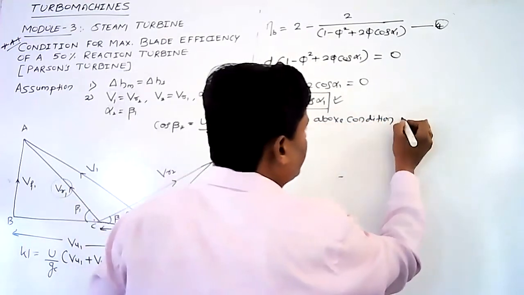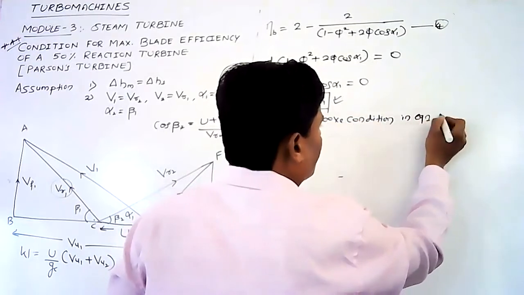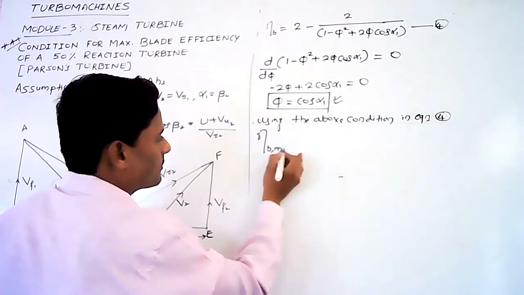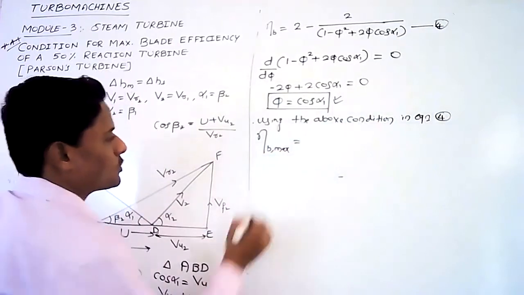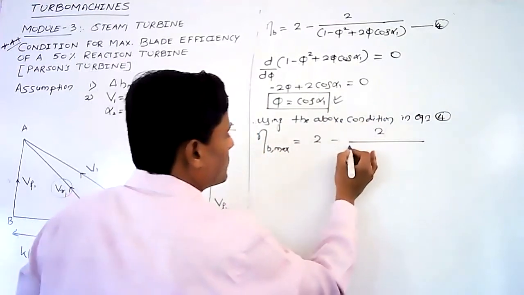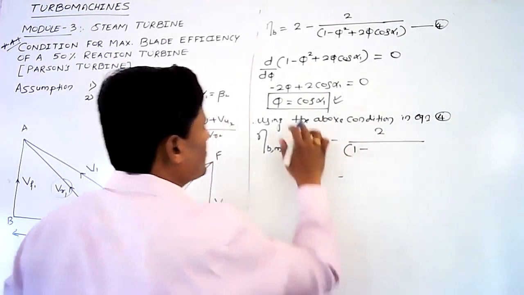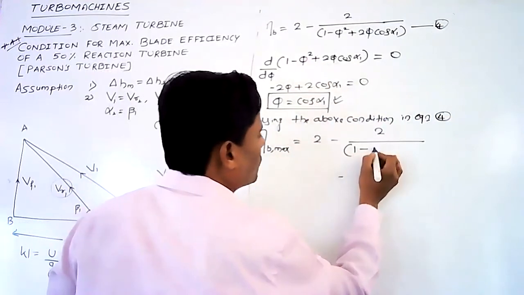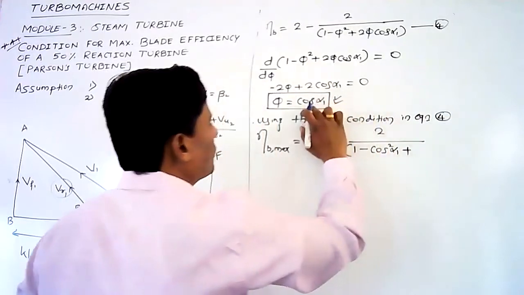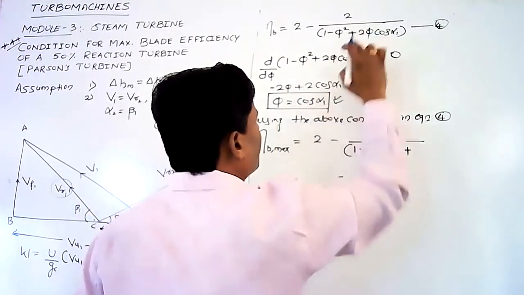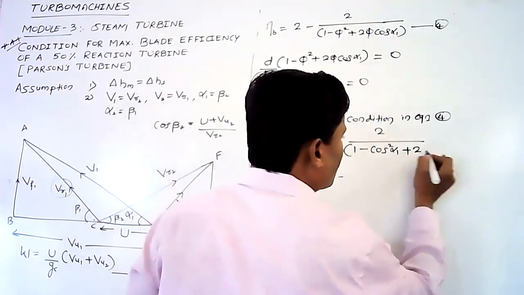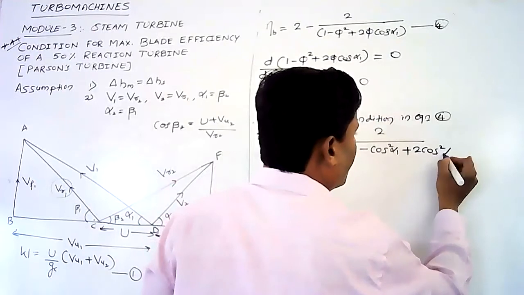So I can write the maximum blade efficiency equals 2 minus 2 divided by 1 minus phi square, so cos square alpha 1, plus 2 times phi, which is again cos alpha 1, so 2 cos square alpha 1.